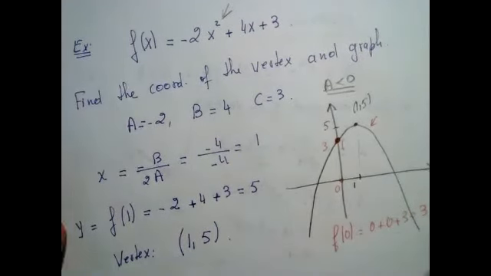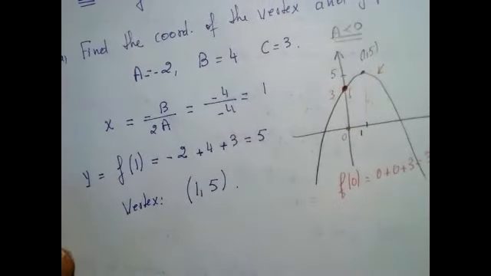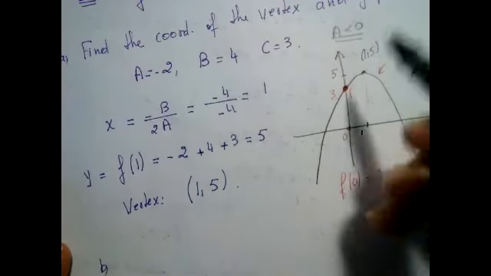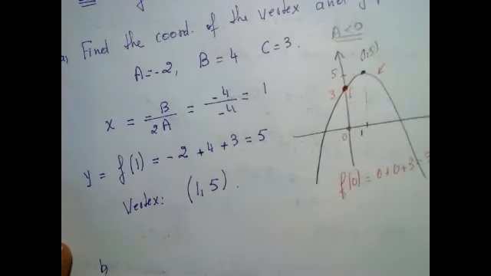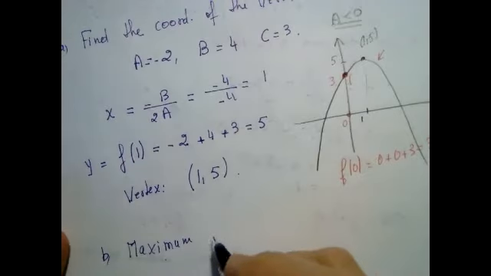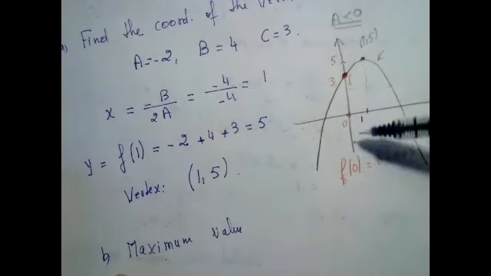So now, for this function, what's the largest value obtained by this function? When the graph is concave down, the function has a maximum value. What's the maximum value obtained by the function? The function takes different values.